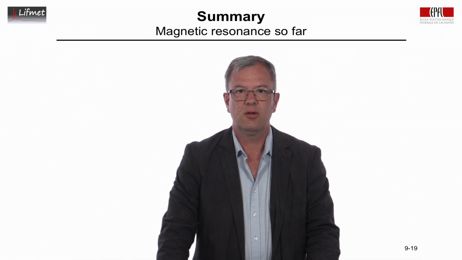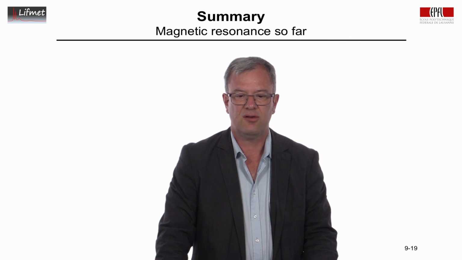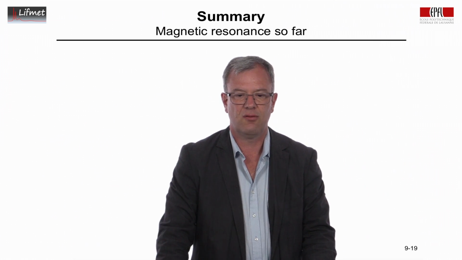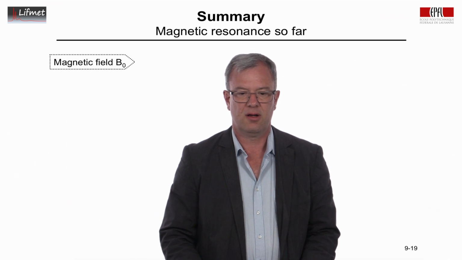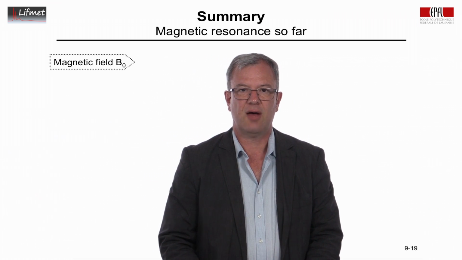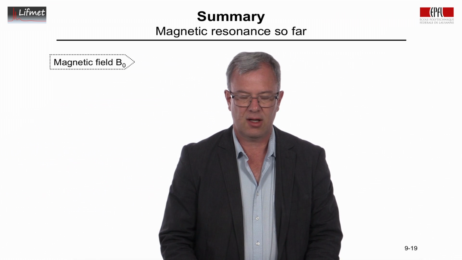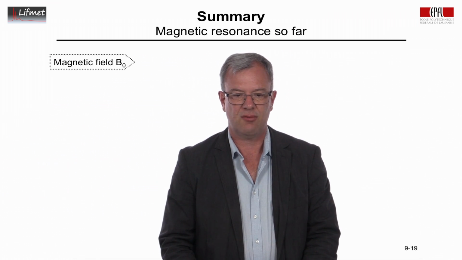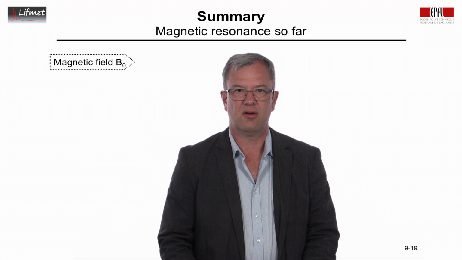Now, I want to conclude this week's lecture with a summary on magnetic resonance. What do we know so far? We have established that we need a magnetic field B0.